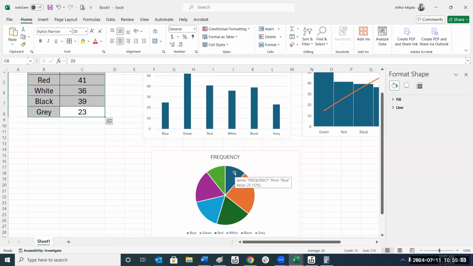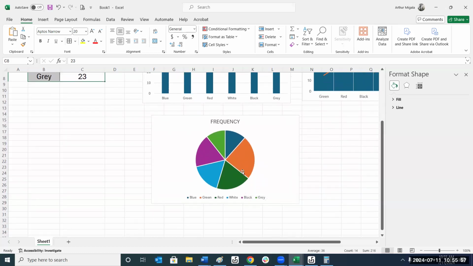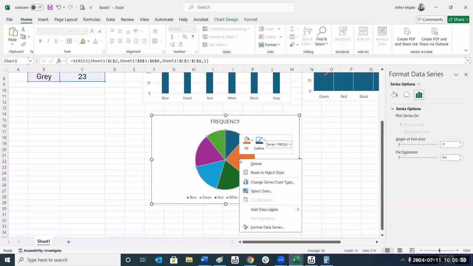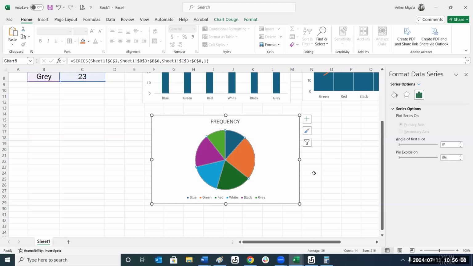So the frequency for this one is 12%. I want it to be expanded. Here, chart elements.